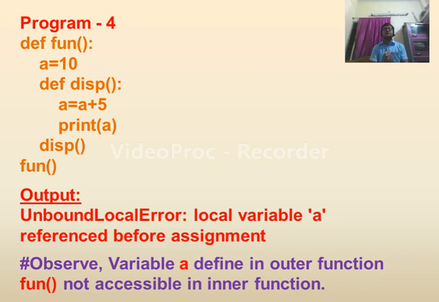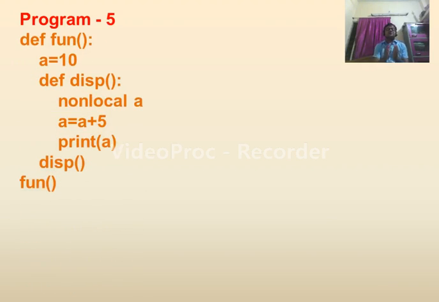So how do we resolve this problem? We need to use another keyword here, nonlocal. Let's see example number 5. In the fifth example, I use the same code with the nonlocal keyword inside the inner function disp. So disp having nonlocal a means it gives access permission to a from fun. a is local for fun but global for disp.